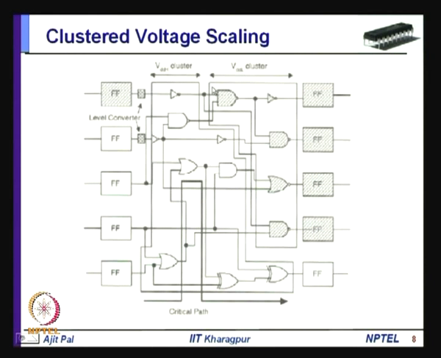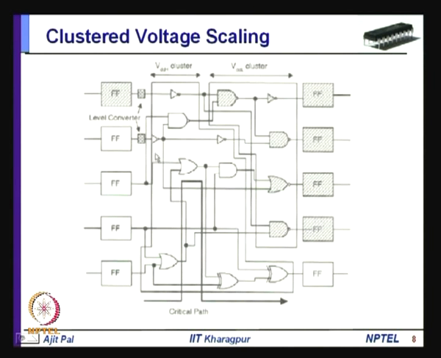So, you can form a cluster of low level voltage VDD-L, and here you can form a cluster of VDD-H. In this way you can have 2 different types of clusters.